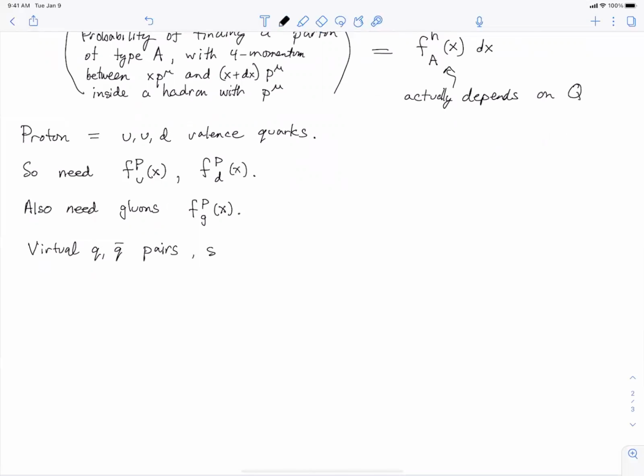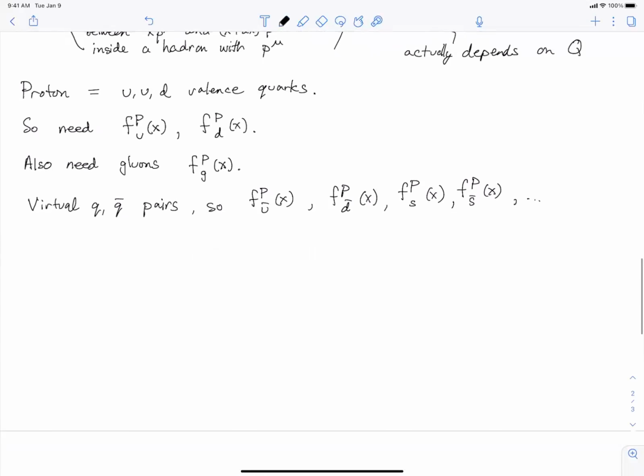There is also some probability within the proton of finding an up bar, for example, which depends on the fraction of the energy, and a down bar, and a strange, and a strange bar, an anti-strange, and even for the charms, but I think I'll stop there.